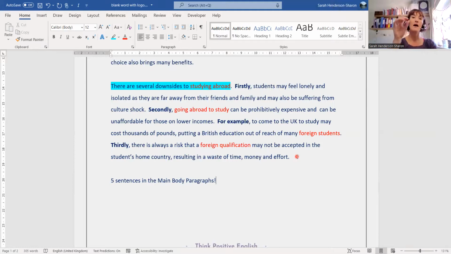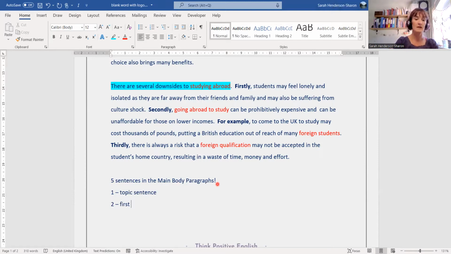Okay, and this is what I mean when I was talking about structure. Whenever I write an IELTS Task 2 essay, which, okay, I don't need to do often because I teach it, but whenever I do write one, I always put 5 sentences in all of my main body paragraphs. And we can go into even more detail than that. So we know that sentence 1 is the topic sentence.